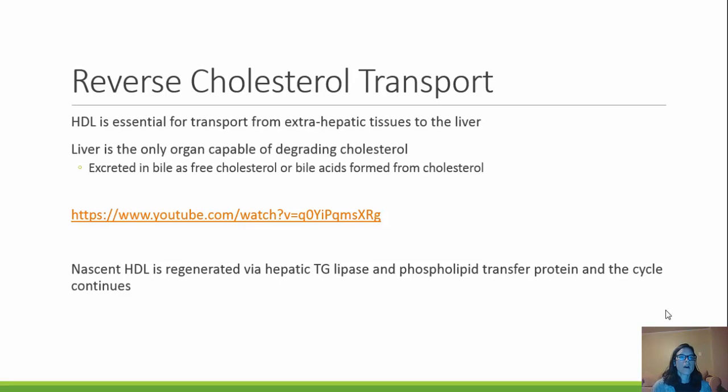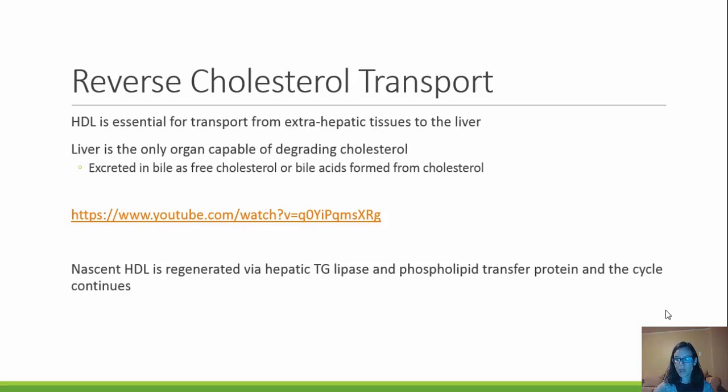Okay, so HDL is essential for the transport of cholesterol from extrahepatic tissues to the liver, and the liver is the only organ that is capable of degrading cholesterol. So cholesterol must be transported through the blood to the liver so that it can be processed, degraded, and secreted in the bile, because we don't really have another method of getting rid of the cholesterol from our bodies.